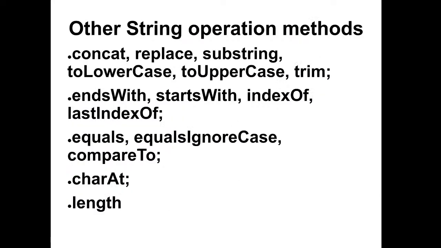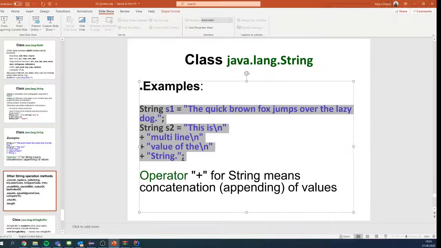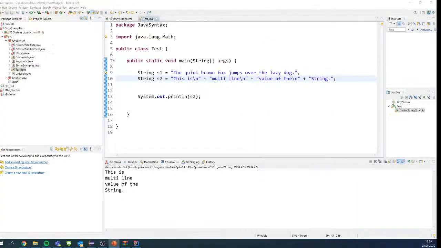Also, there are other string operations, like replace, if you want to replace some characters inside the string. Substring, if we want to get a substring from the string, toLowerCase, toUpperCase, trim. We can easily go through all the methods here.